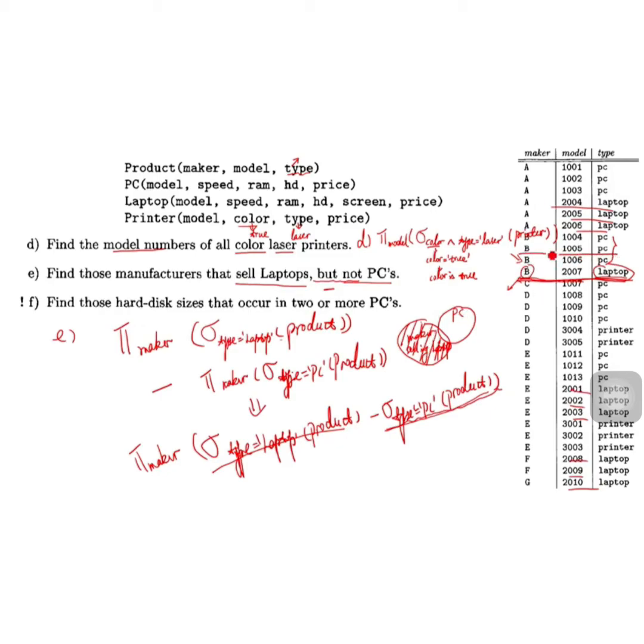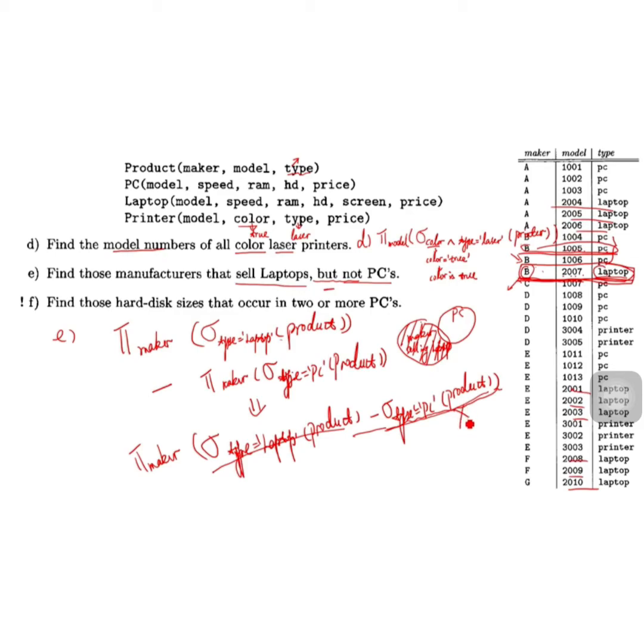If we do minus, B1005 PC, B2007 laptop, and this one will be in the result. It will be in the result because this tuple is not the same as this one. So we cannot get the correct result.